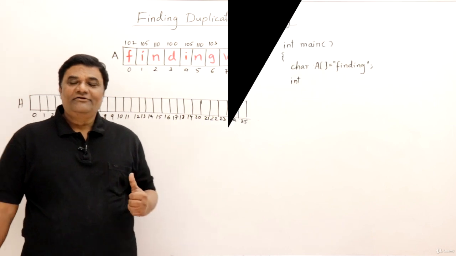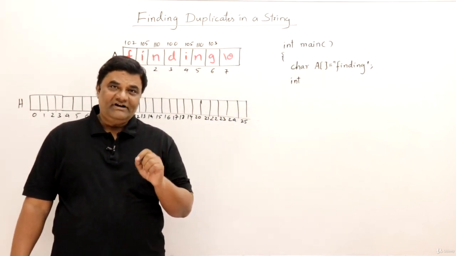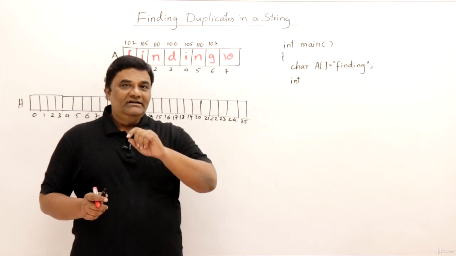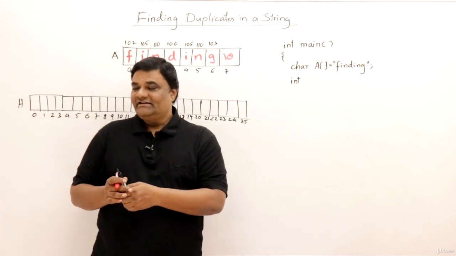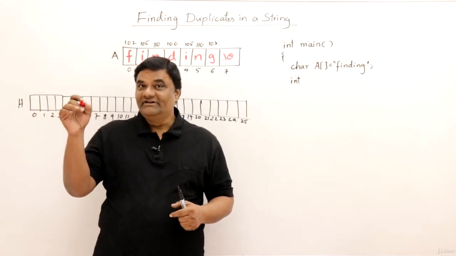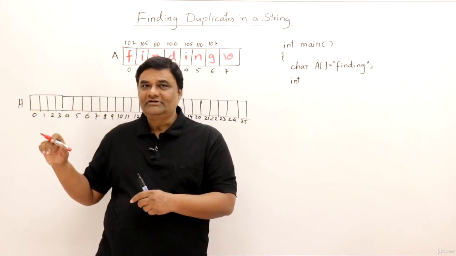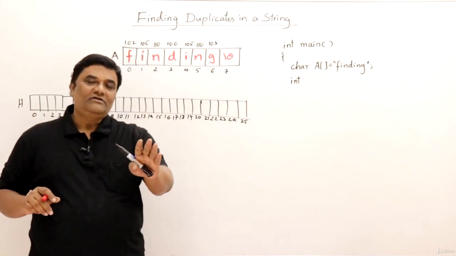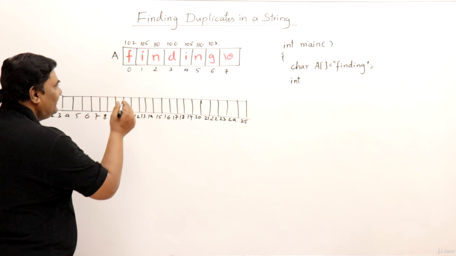So here I have an array for the hash table, where the starting index is 0 and the ending index is 25, so an array of size 26. Now let us run the procedure and scan through the string. One more thing, assume that this array is filled with zeros. I did not fill it with 0 to make it look simple. I have left them empty. Assume that they are all zeros. Alright, now let us scan through this string.